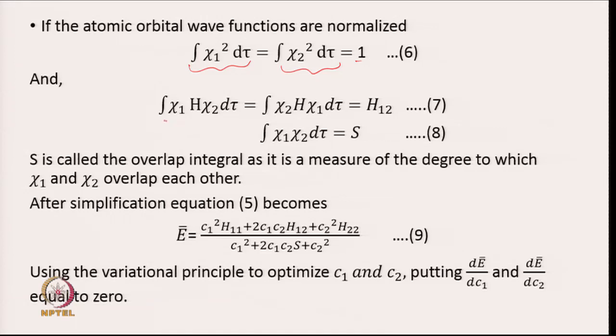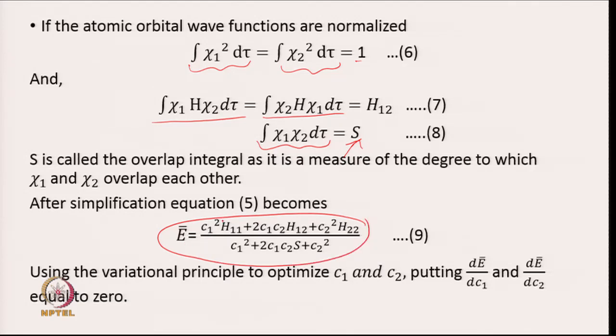Let us give a short notation for this: H12 is the integral of chi1 Hamiltonian chi2 d tau, and let us give the notation S for the overlap integral. If we do that, it is very simple to write the energy term.